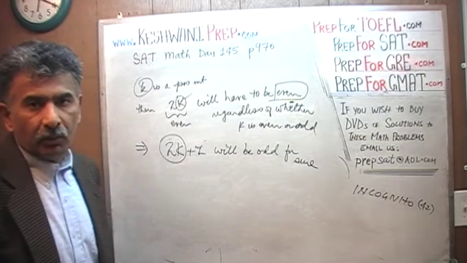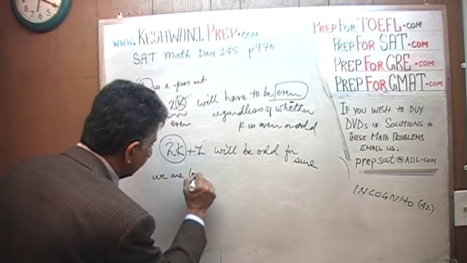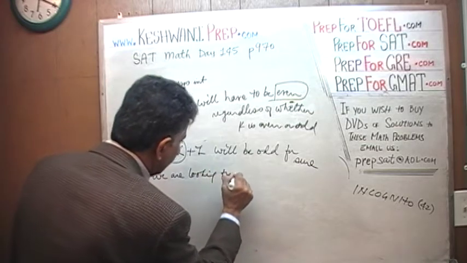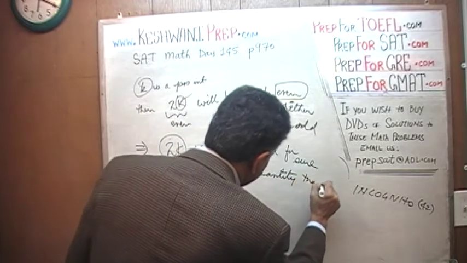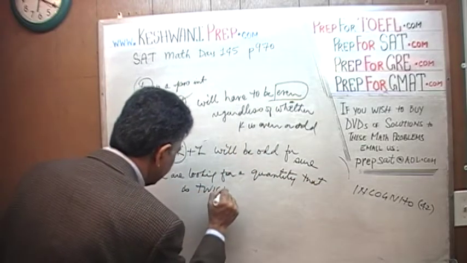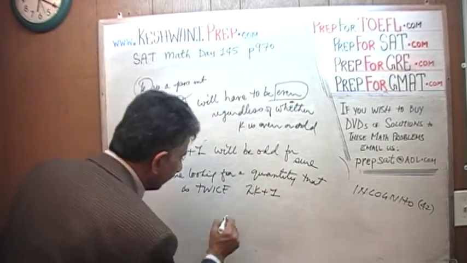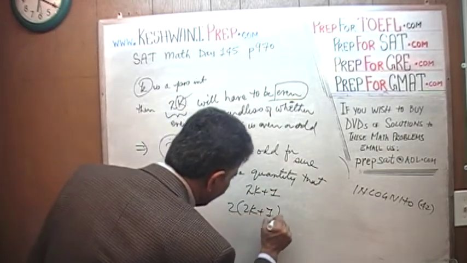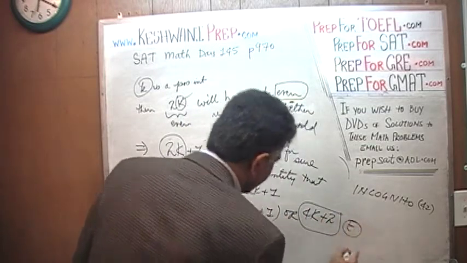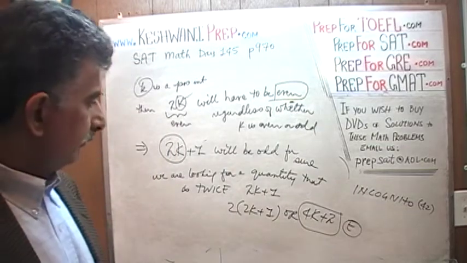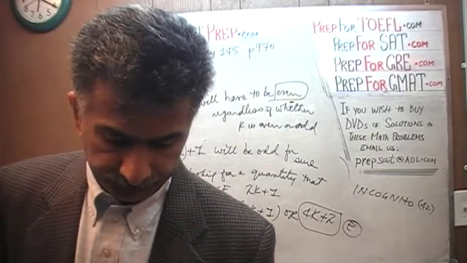And now we are looking for a quantity that is twice 2k plus 1. Well, that's pretty straightforward. It's just 2 times (2k plus 1), or 4k plus 2, which is our answer choice E. Answer choice E says 4k plus 2. And there you have it.